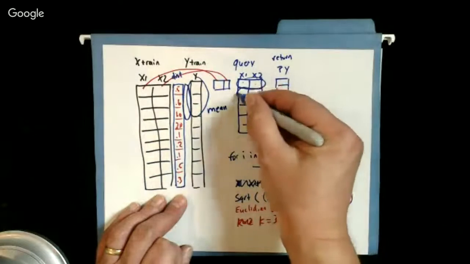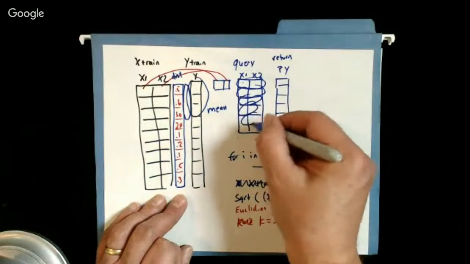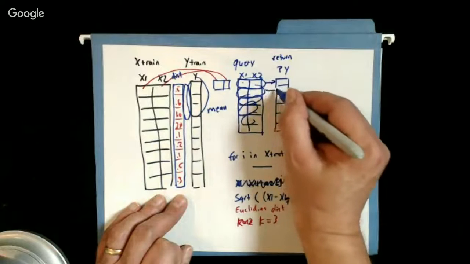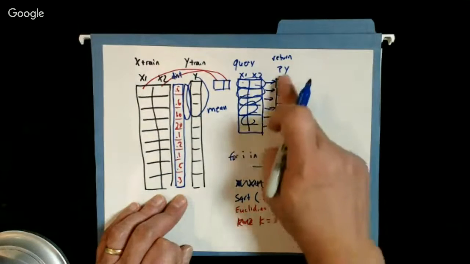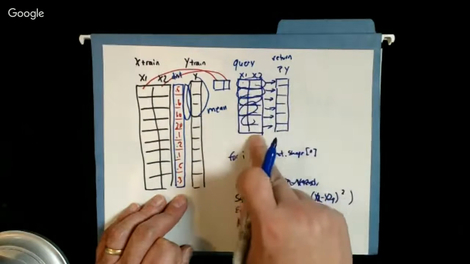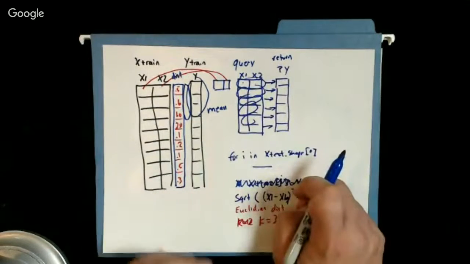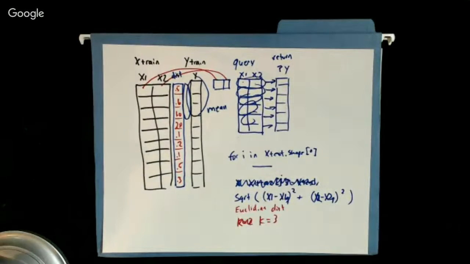Then we go to the next one, and the next one, and the next one, and we put the values in our return array as we step through these, and then we just return that array when we're done, and that's the result of the query. So that's how to implement KNN.